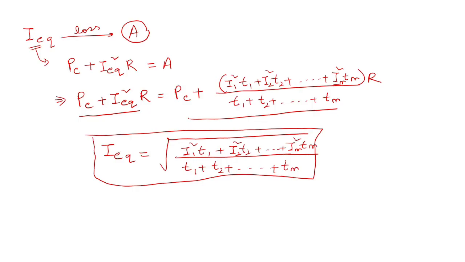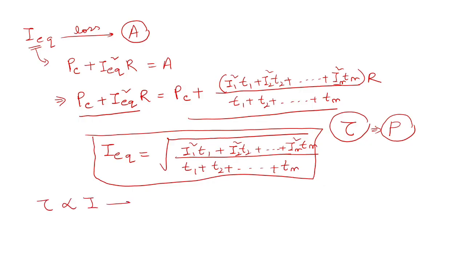Okay, now, as I have already told, in most of the questions you will be given the torque profile and you have to find the power rating of the motor. This is basically the same as the IEQ, because in those motors the torque is directly proportional to the load current.